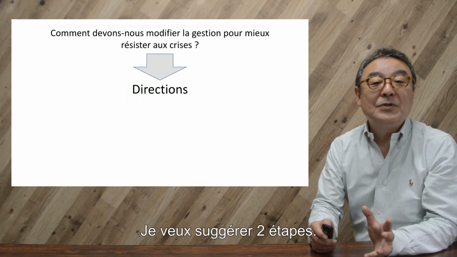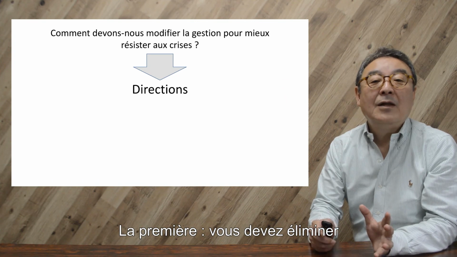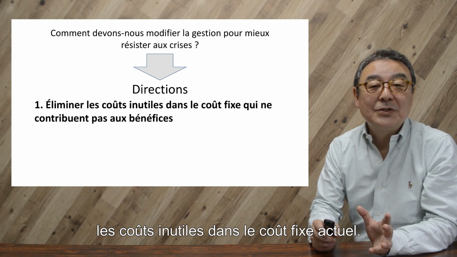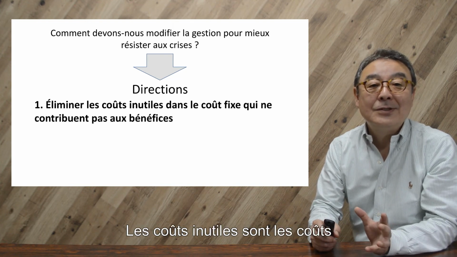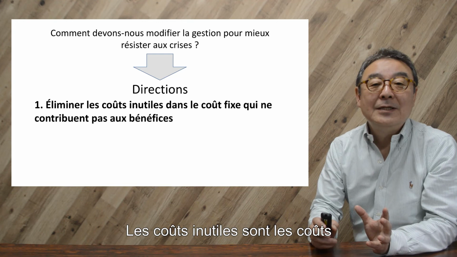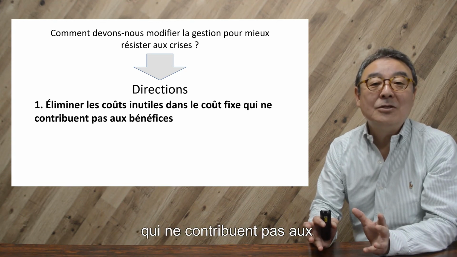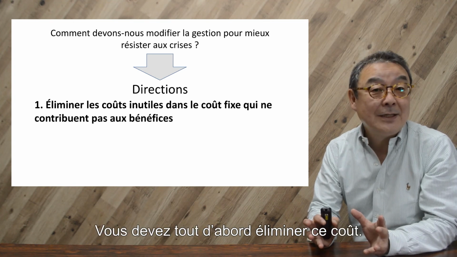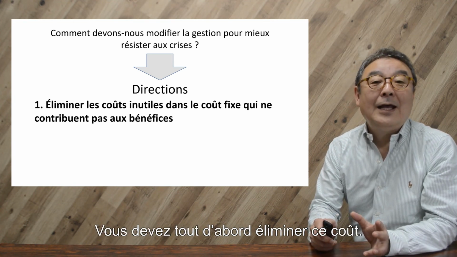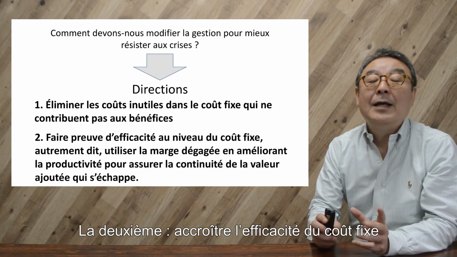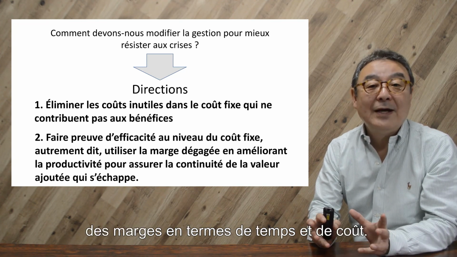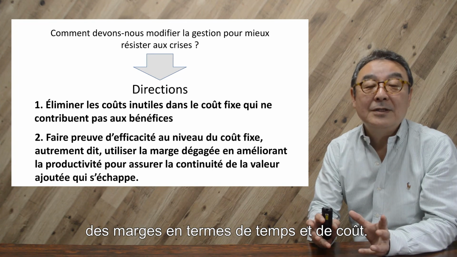I want to suggest two steps. The first step, you should eliminate waste cost in the current fixed cost. Waste means cost that is not contributing to company profit. You should eliminate that cost first. And the second step, make efficiency for fixed cost and make buffer time, buffer cost.